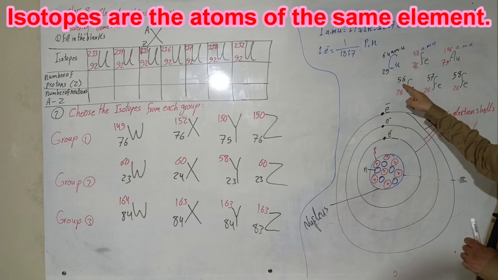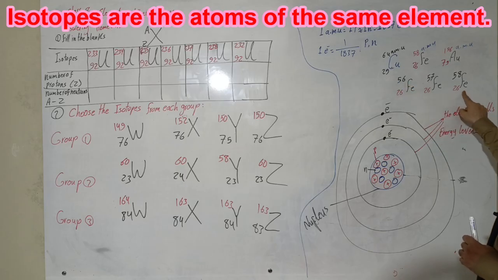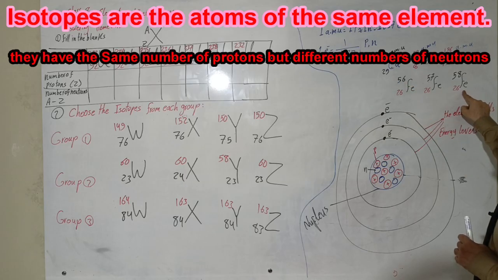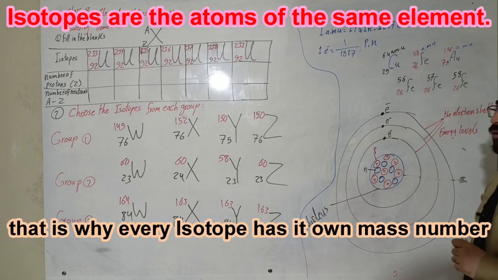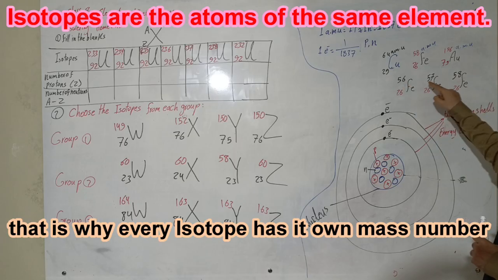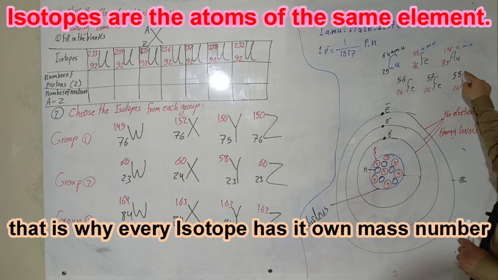Again, isotopes are the atoms of the same element that share the same number of protons in their nuclei, but they have different numbers of nucleons, which makes every one of them have its own mass number.